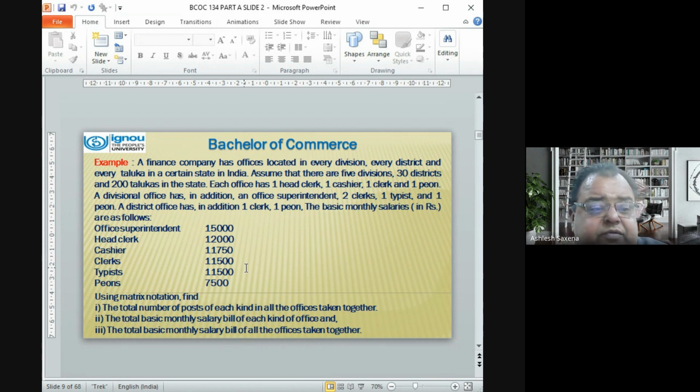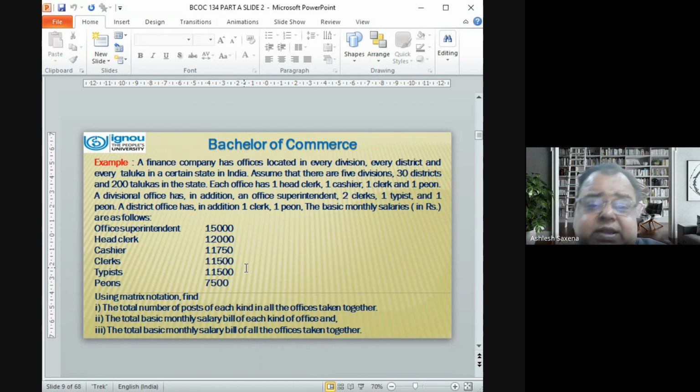We have to use matrix notation and find the total number of posts of each kind of the office taken together. Number two, total basic monthly salary bill of each kind of the office, and the total basic monthly salary bill of all the offices taken together.